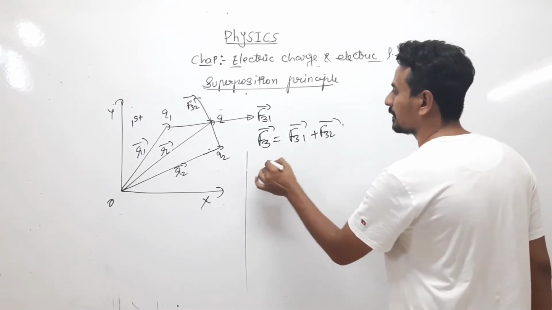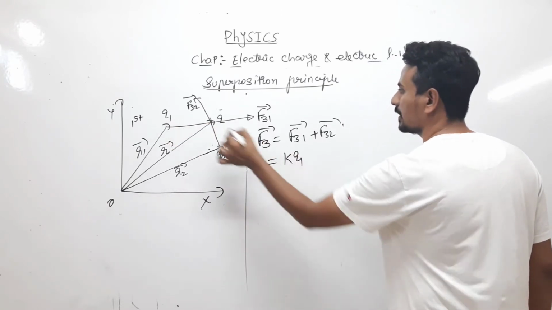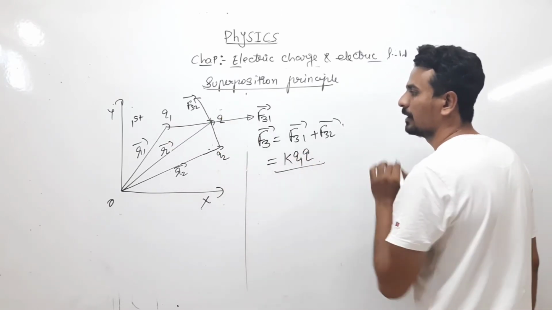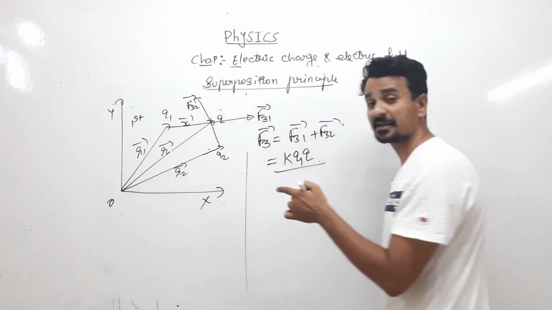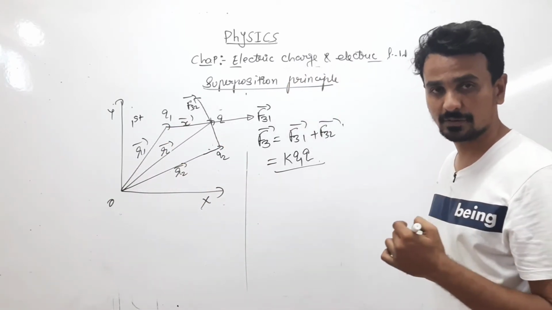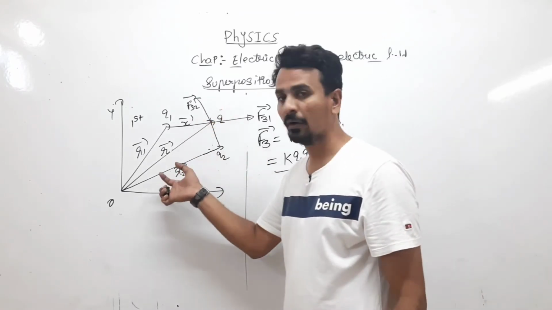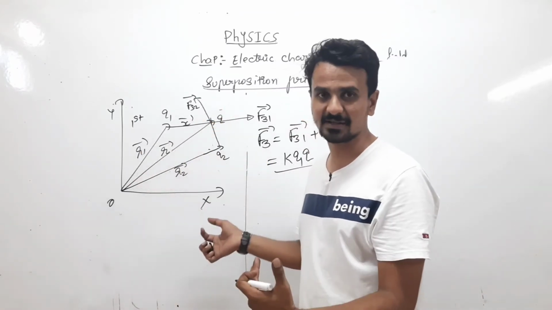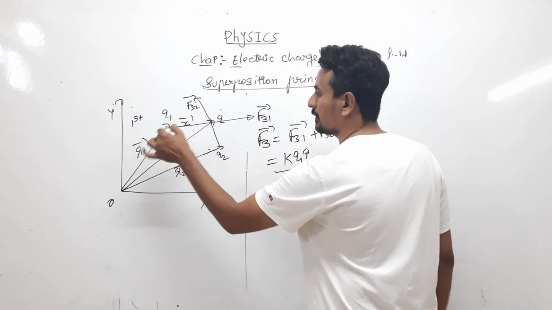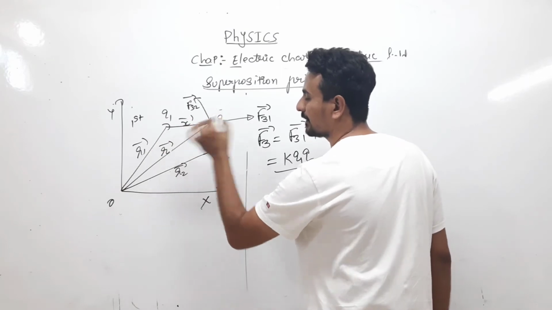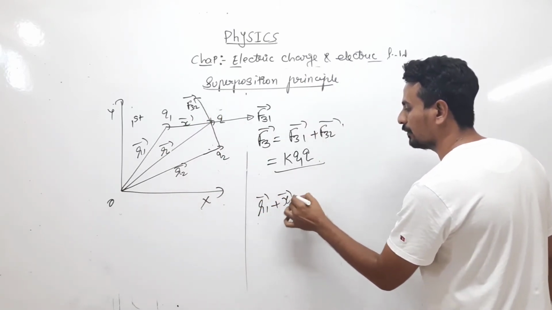So F31 will be K, the charge here is Q1, the charge here is Q, upon this distance, let it be X. I already explained this in the previous video on Coulomb's law in vector form: don't directly write X equals r minus r1 or r1 minus r. You have to go for vector addition. This is r1, this is X, and this is the resultant, so we can write r1 plus X equals r.